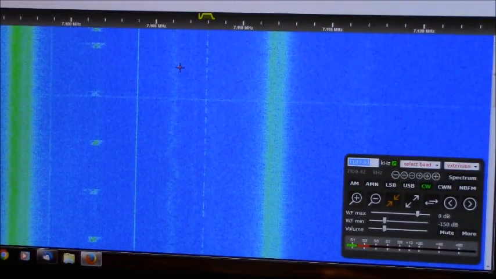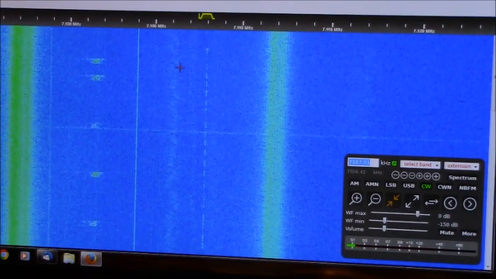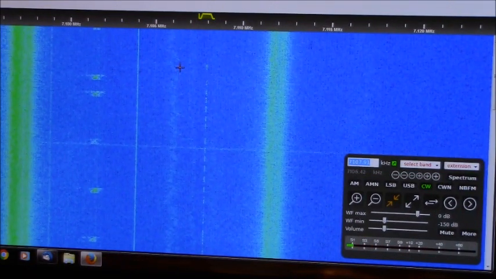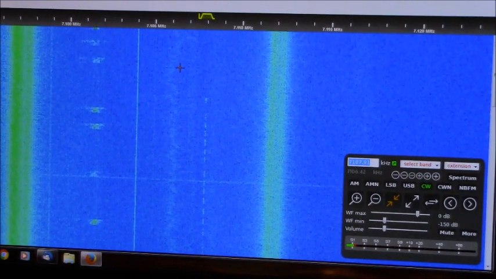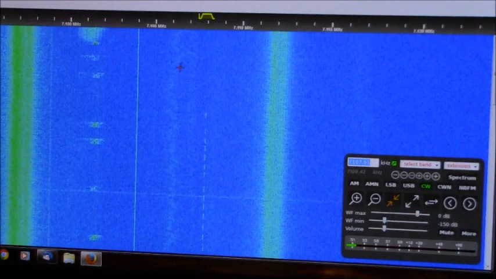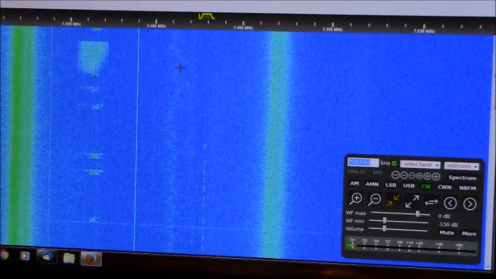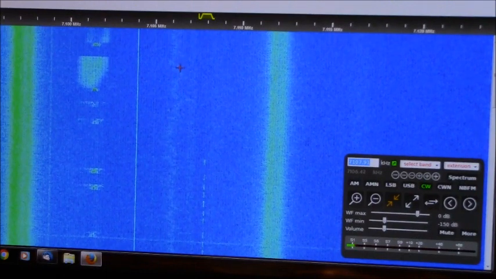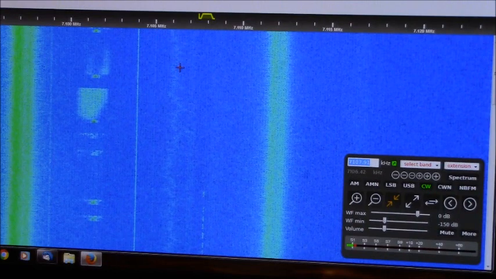You're actually tuning a receiver at the other end. And we were just listening to a ham radio operator calling CQ, which means anybody on the air, please answer. DE, meaning this is my call sign, and then his call sign. So if your call sign was W1ABC, you would be sending CQ, CQ, this is W1ABC.